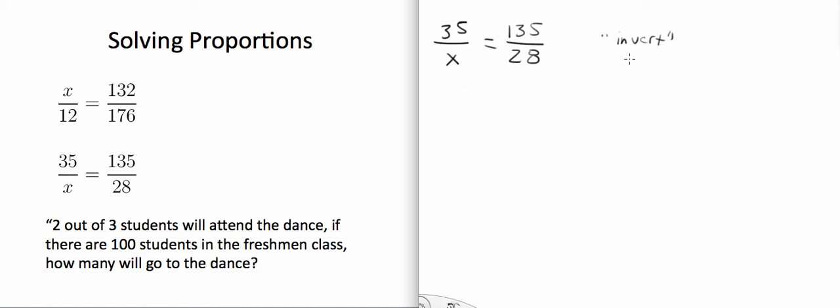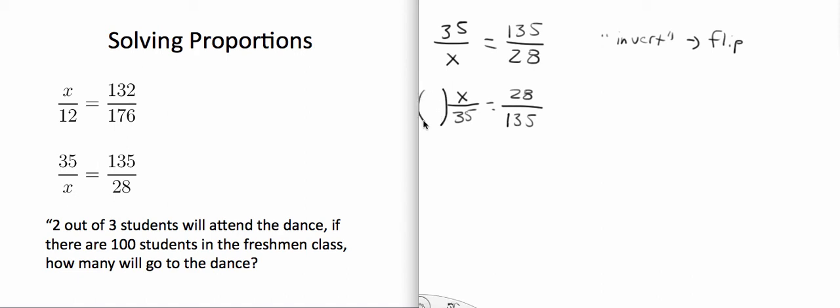Invert basically means flip. So we have x divided by 35 and 28 divided by 135. I've flipped both sides. Whatever I do to one side, I have to do to the other. When we flip this, we get the x on top where we want it. That means we also have to flip this. These are the same expressions, they're just in different positions.